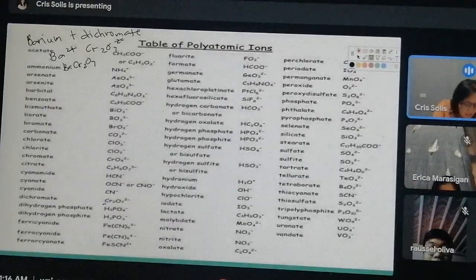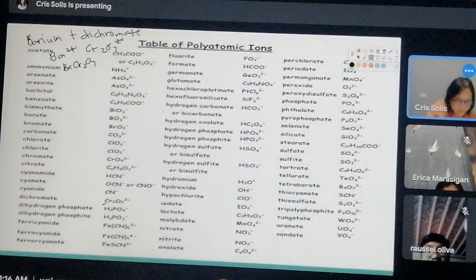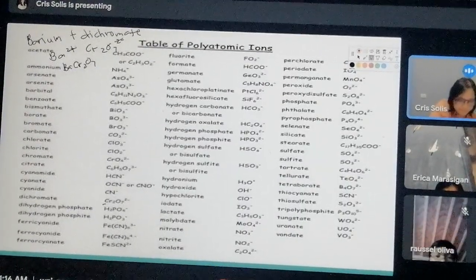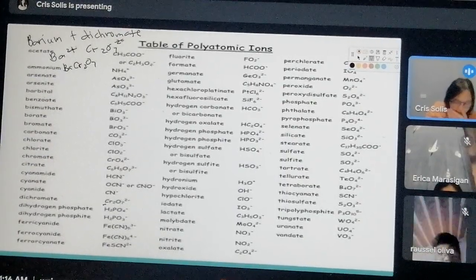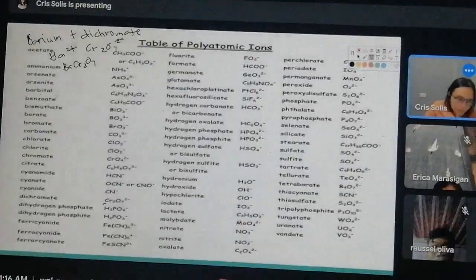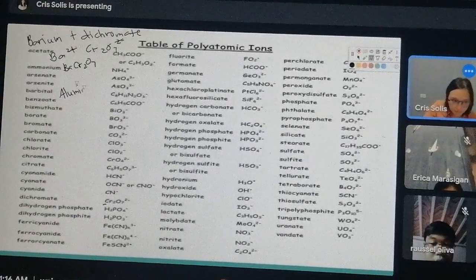Let's try. Sabihin natin we are, sige, we'll use aluminum. 3 positive.